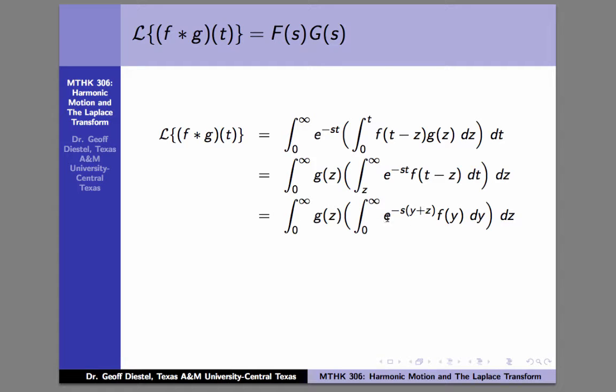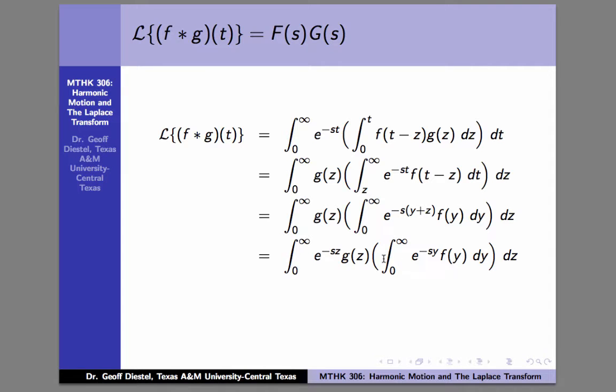And we've actually separated the functions. We've got an e to the negative sy and an e to the negative sz, because properties of exponentials let us split that up. So we can factor that e to the negative sz out, because it doesn't depend on y. So all the y stuff is in the y integral, and all the z stuff is in the z integral, and they're basically separate now. We can compute them separately.